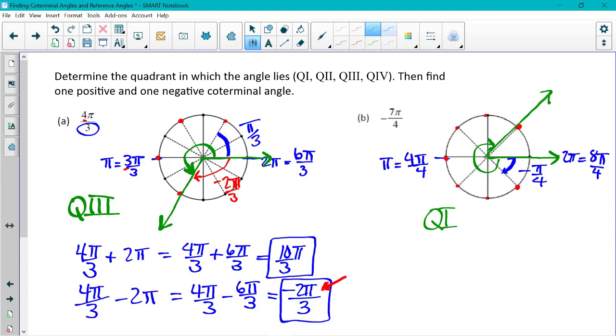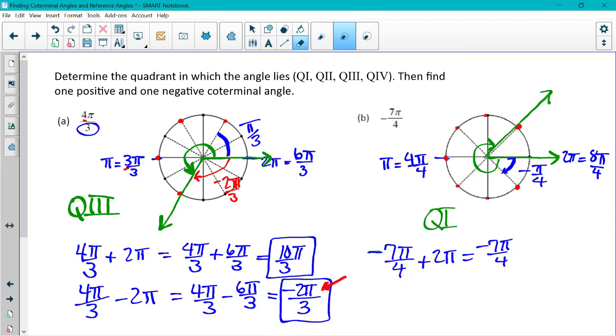To find coterminal angles, same idea. If I want a positive angle, I'm going to have to add to get from my negative to my positive. So I'm going to add 2 pi, which is equal to 8 pi over 4, double the denominator for 2 pi.